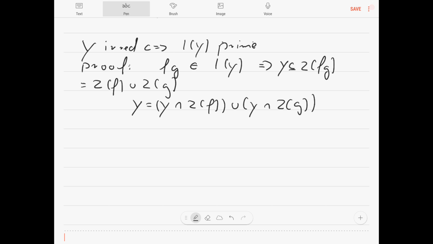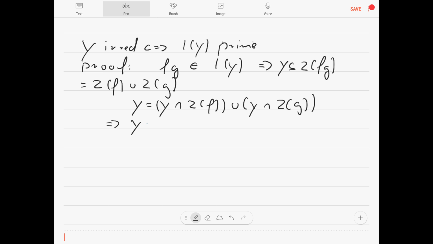So without loss of generality, we can conclude that, for instance, this set Y intersected with Z of F has to be all of Y.